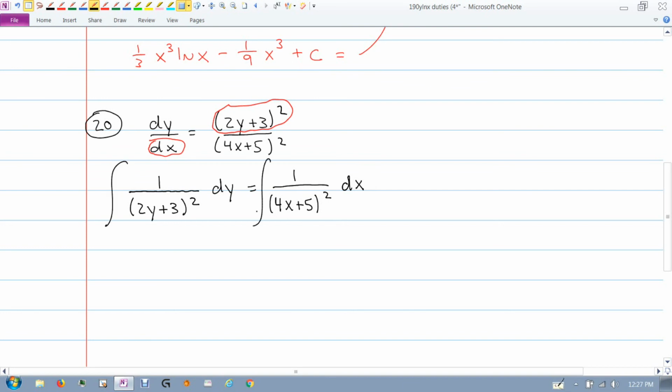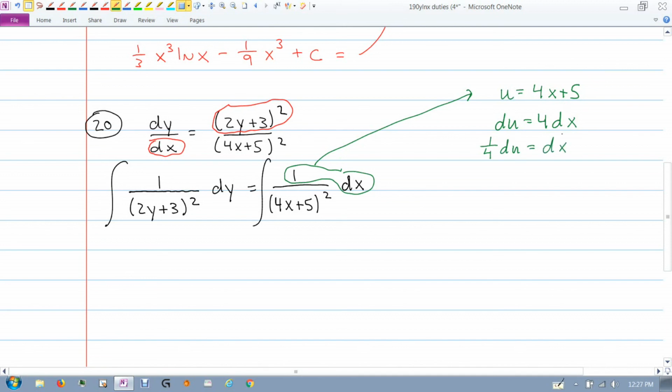Even though these look bad, they're not that bad. I'm just going to do this one over here. I'm going to make a basic u substitution. U is 4x plus 5. Du is 4 dx. In my problem, I just have 1 dx, so I could just scale this: 1/4 du is dx. Now I just rewrite this integral. The integral is 1 over u squared, that's the 1 over 4x plus 5 squared.